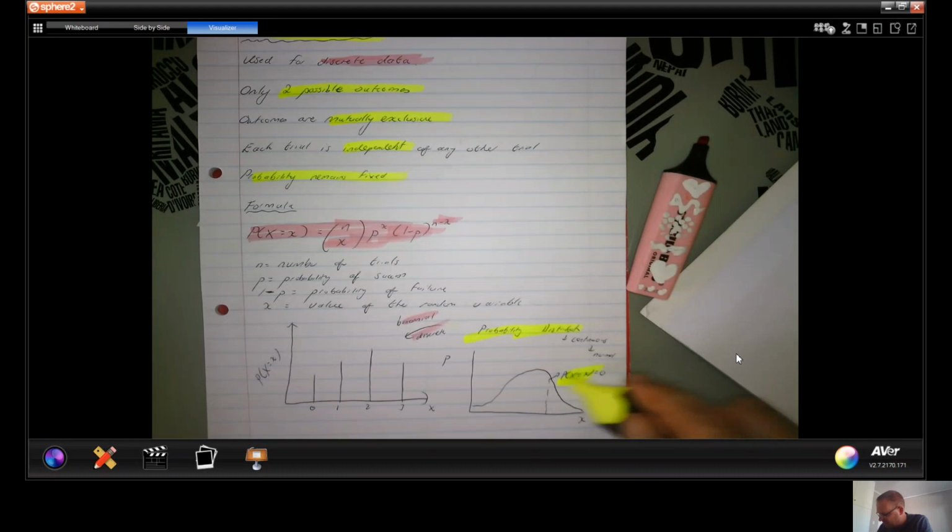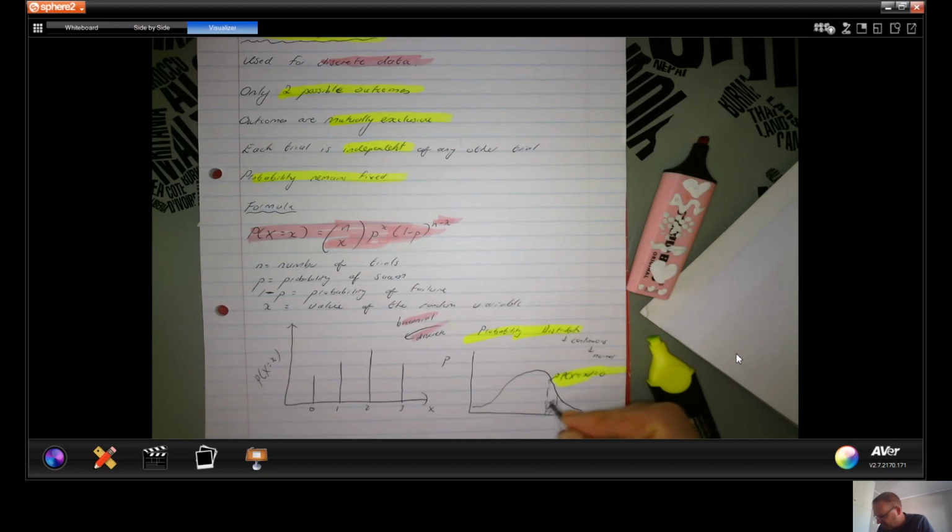In other words, the probability of running a race at 42 minutes 15.03421 seconds, any probability is so small that it's effectively naught. So that's why in normal distribution, we don't look at individual scores, we look at regions. Okay, because the probability of an individual score is equal to 0.